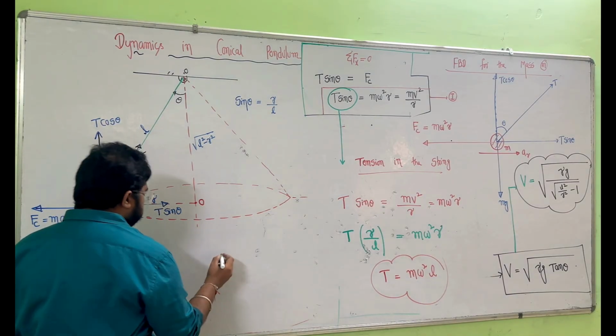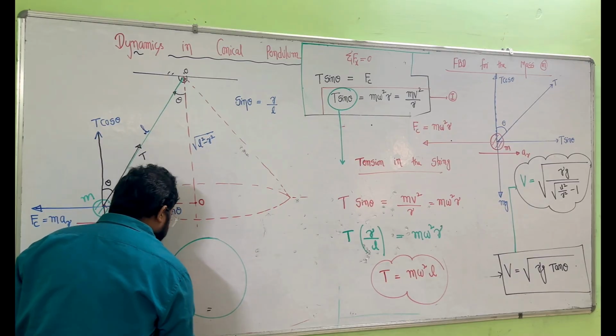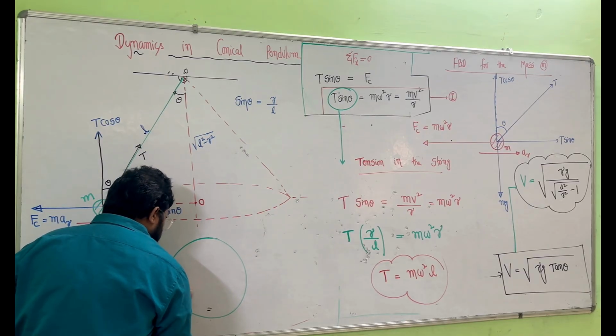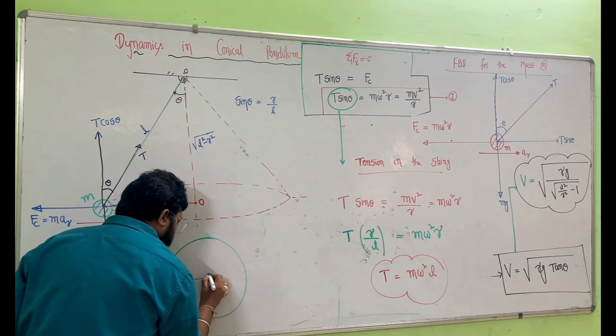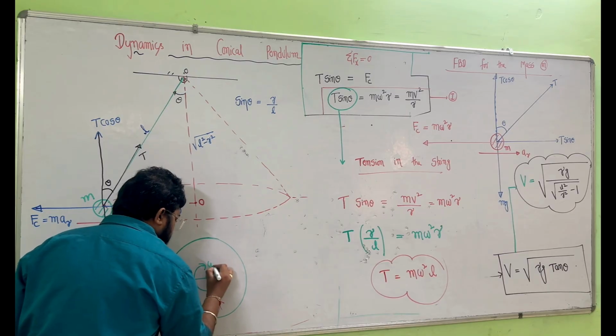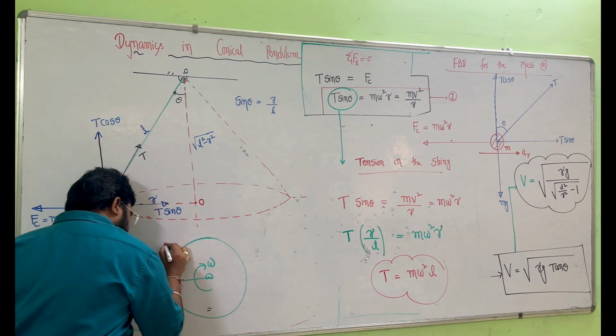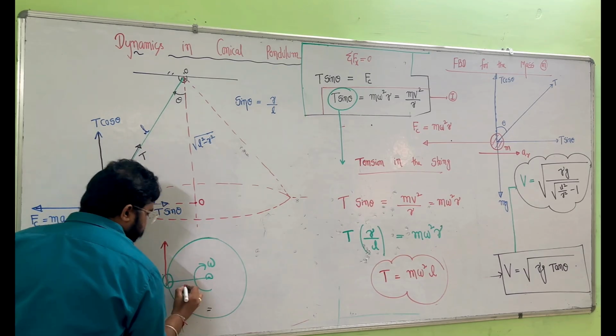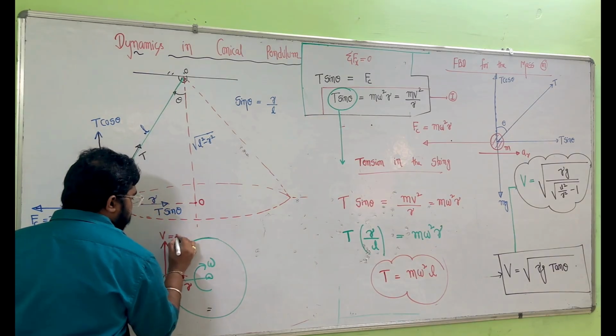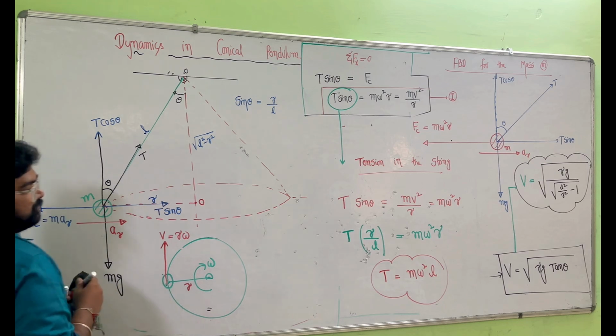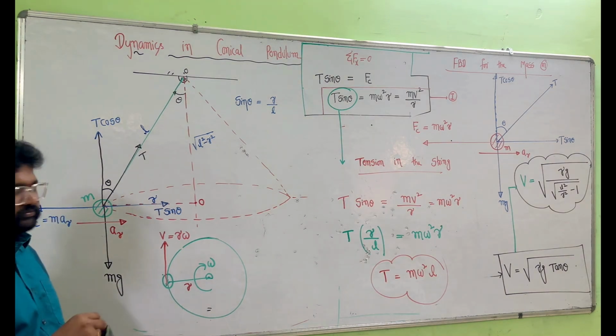V is the circular motion velocity. If you see from the top, here it would be omega. V equals R omega.